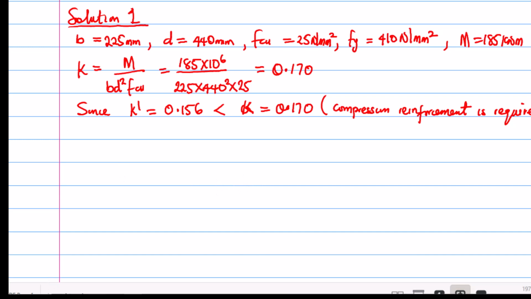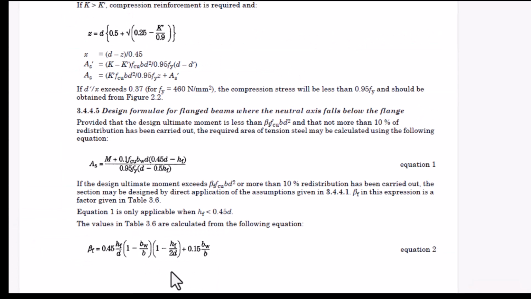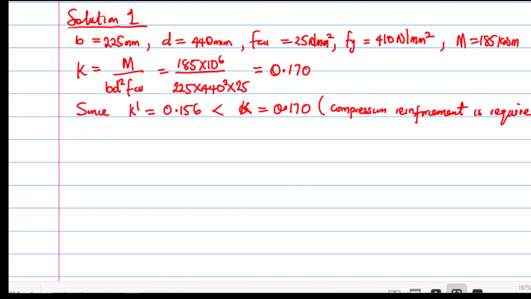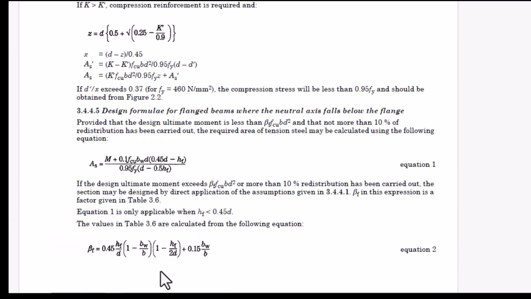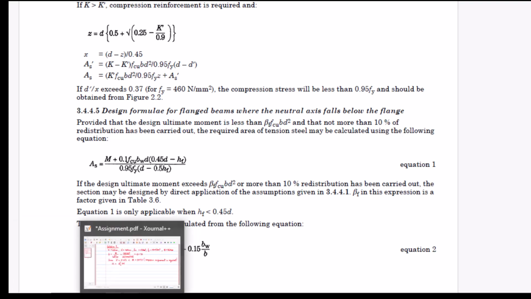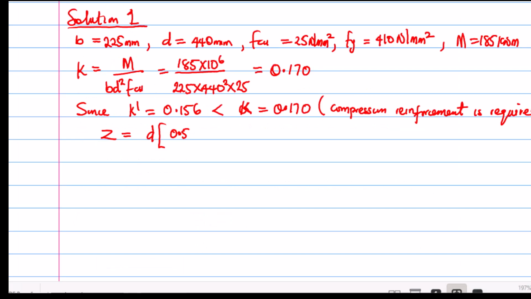So if it's required, we go back to the code again. What is our code saying? Our code says we go and get our Z. And what is our Z? Z is equal to D into 0.5 plus square root of 0.25 minus K prime over 0.9.